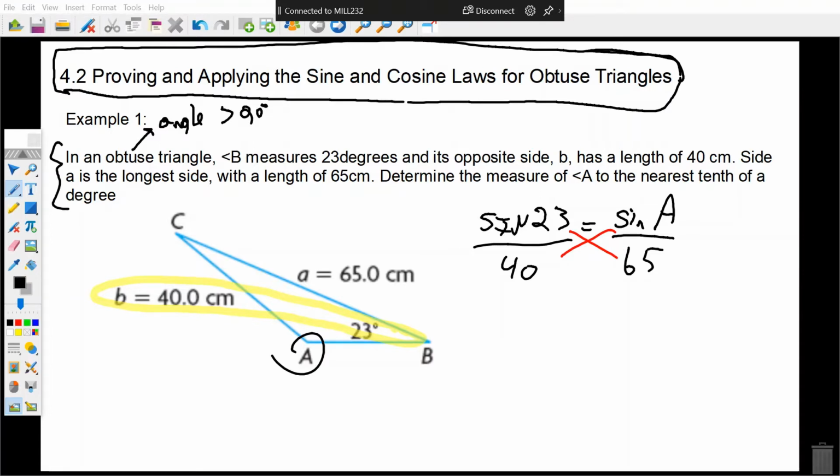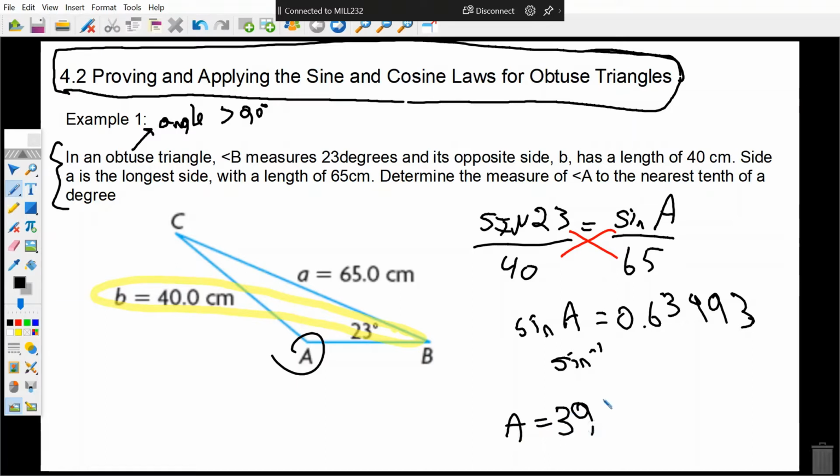Sine 23 times 65, and then we're going to divide that by 40, which gives us sine A equals 0.63493, etc. We're going to take the inverse sine function of that. And for A, we get 39 degrees.